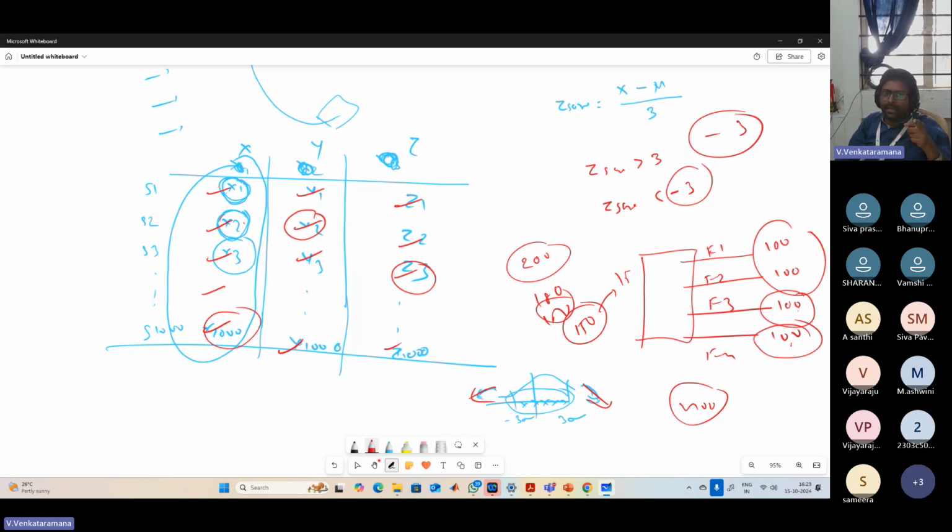We identified which values were outliers based on the Z score, and on which day each value occurred, whether weekend or weekday. Accordingly we take the mean values, as I said in the earlier missing value treatment.